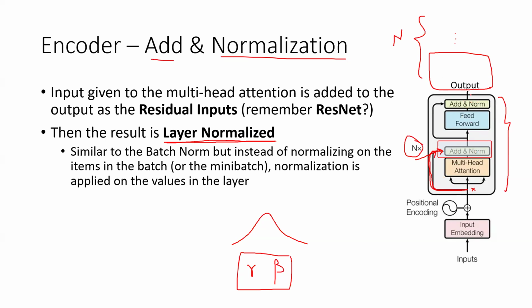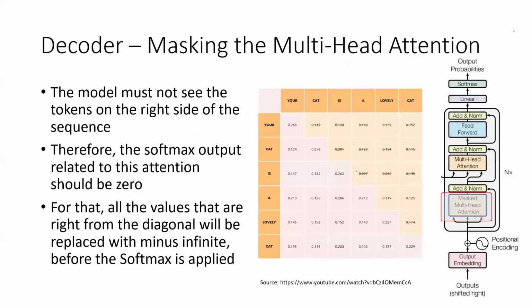After the n number of encoder units, you can find the outputs are given to the decoder from here, right? Encoded values are given to the decoder, right? In the decoder, you get the shifted right input as the output, right?